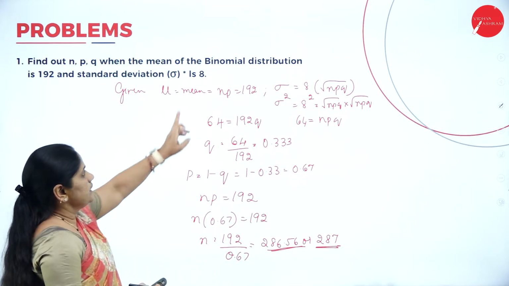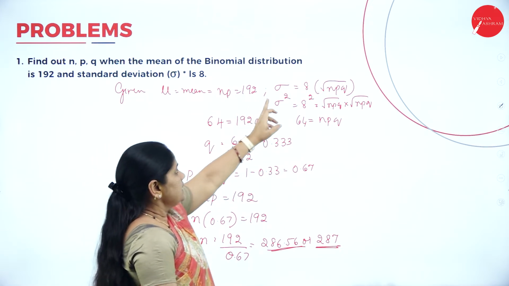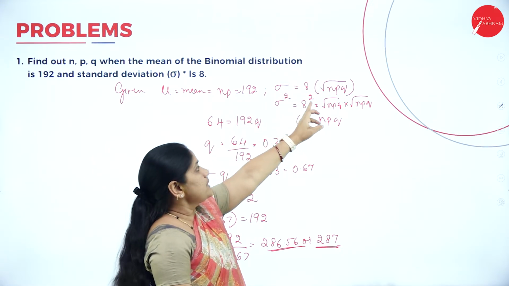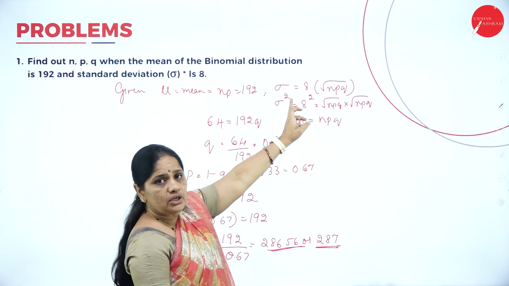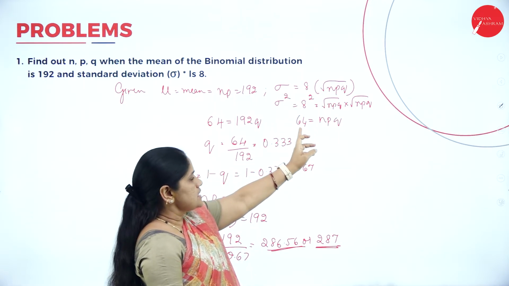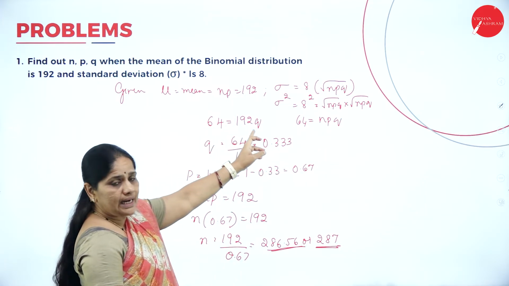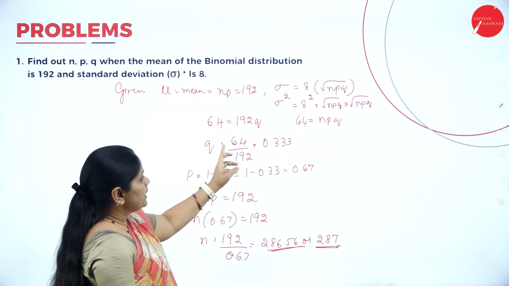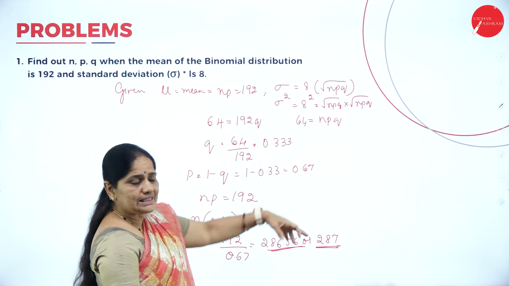So we are given here mean equals np equals 192. They have also given the standard deviation equals 8, that is equal to root of npq. So the standard deviation the whole square will be 8 square, that is 64 equals npq. Now 64 equals 192q, so q will be 64 by 192, that comes up to 0.33.